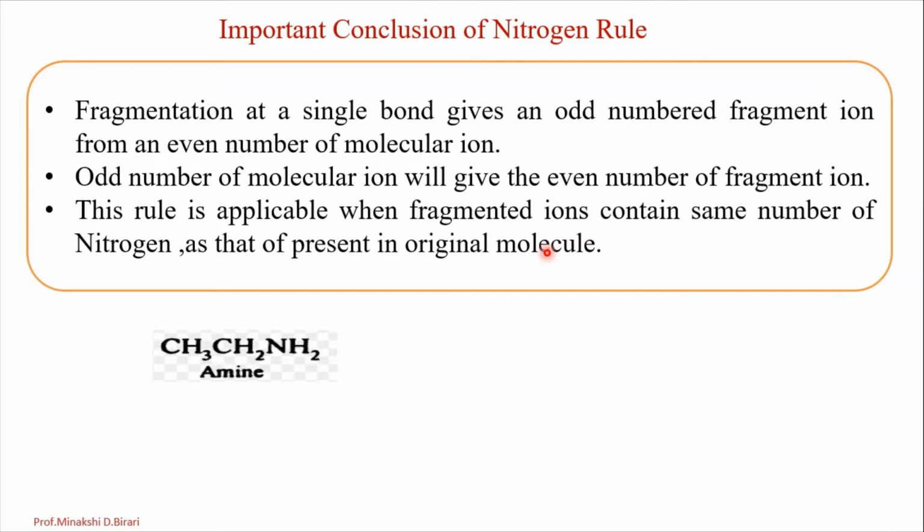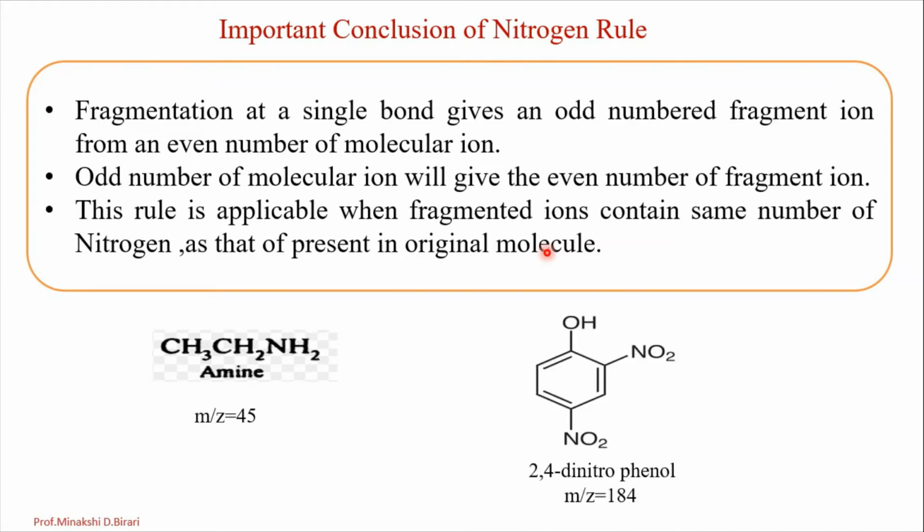So let us see the examples. The first example is ethylamine, CH3CH2NH2, having m/z value 45, and the second example is 2,4-dinitrophenol, 2,4-DNP, having m/z value 184.